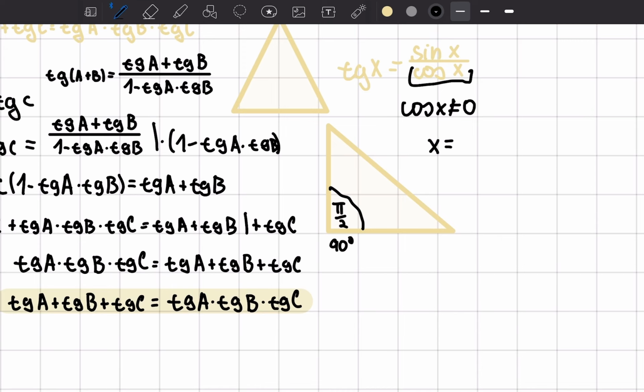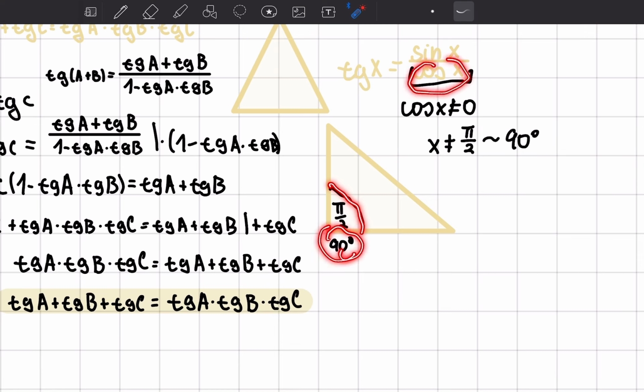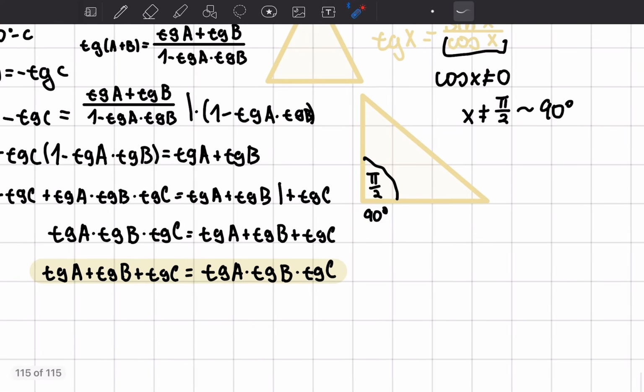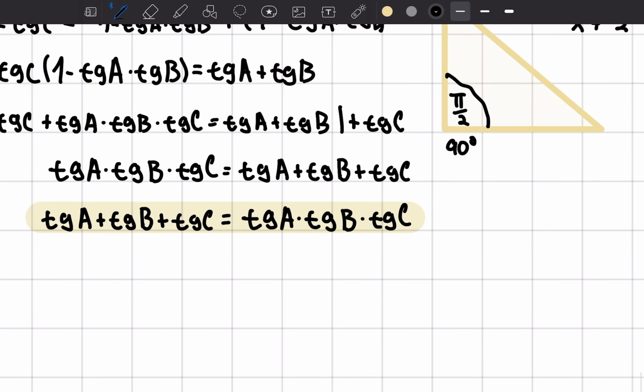So that means that x isn't equal to pi over 2, which is 90 degrees. And what do we have here? We have just that in here. That means that this isn't going to be true. It's not going to be a valid term. So that means that this term applies for triangles, for any triangle I suppose, but not for a right triangle.